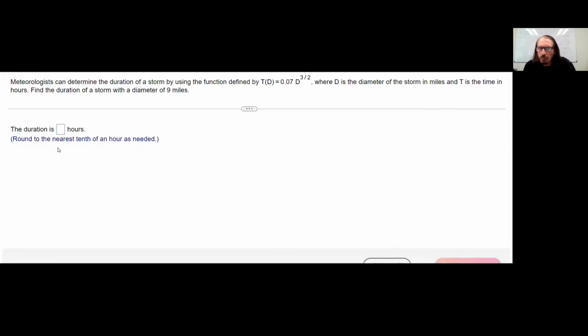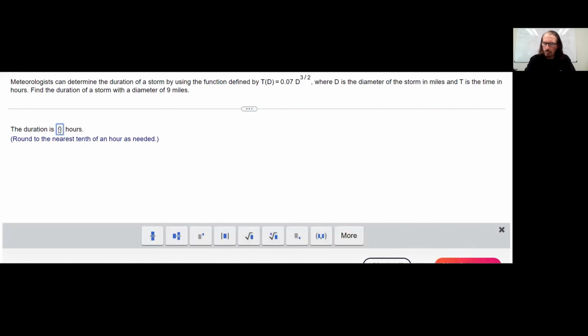And here's our last one. Meteorologists can determine the duration of a storm by using the function t of d equals 0.07 times d to the 3/2, where d is the diameter of the storm and t is the time in hours. If we have a diameter of 9, then this is saying take 0.07 times the square root of 9, then cube all that.